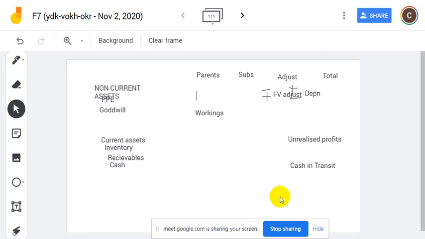Once we are done with the current assets, we get the total and add that total to the total of the non-current assets to give us total assets.